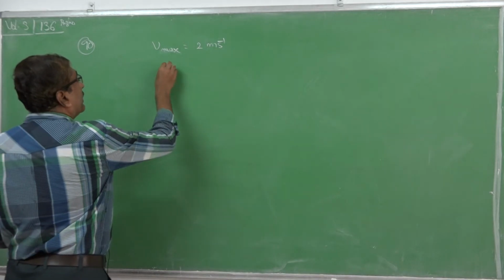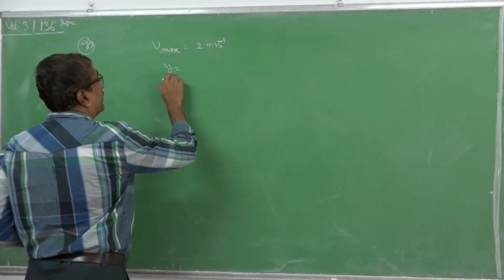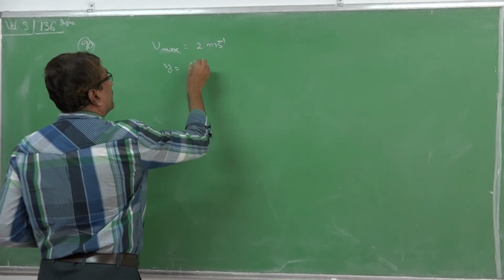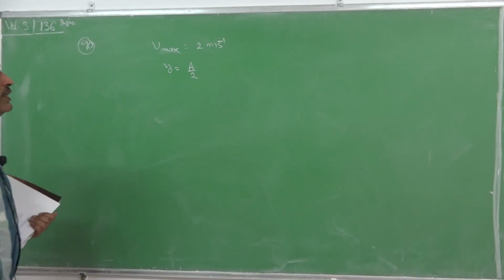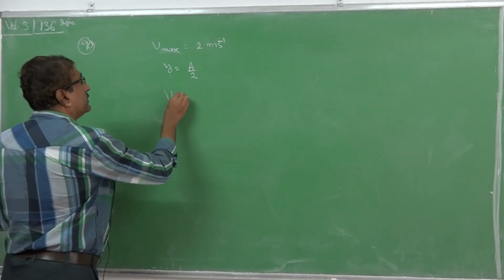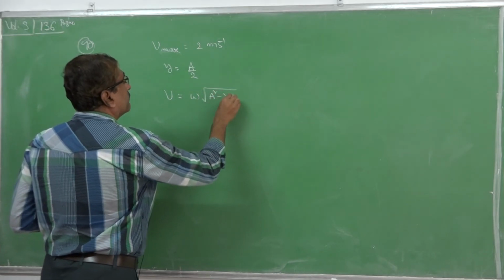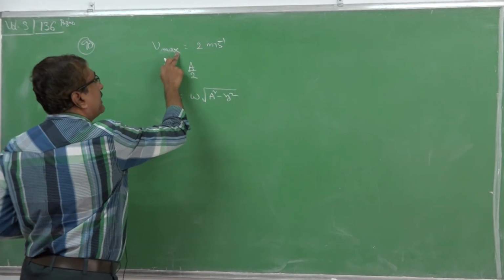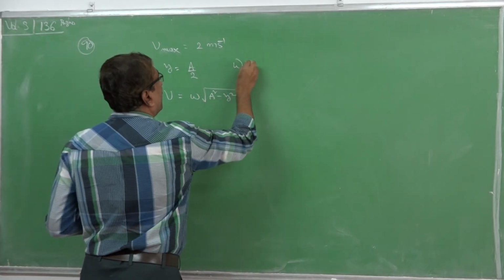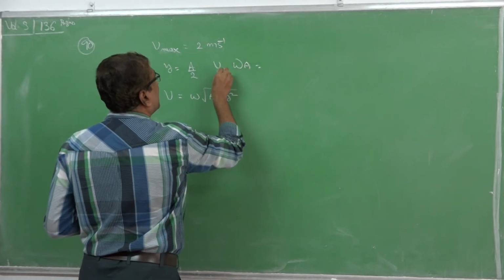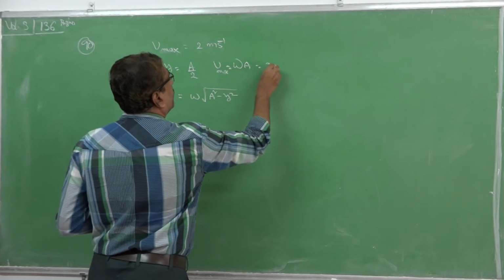So, we have to calculate the velocity at a displacement y, which is half of the amplitude, A by 2. Now, V is equal to omega square root of A square minus y square, and given V max is 2 meter per second, omega A is equal to 2.